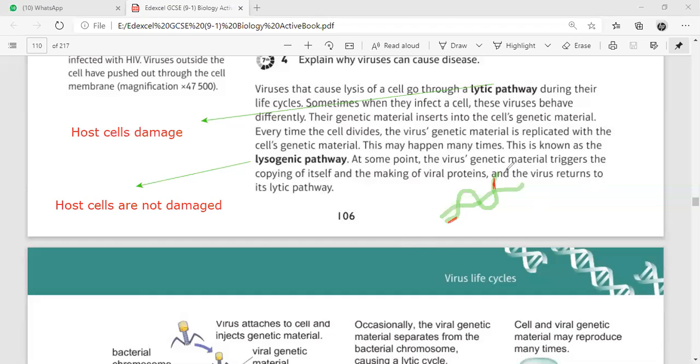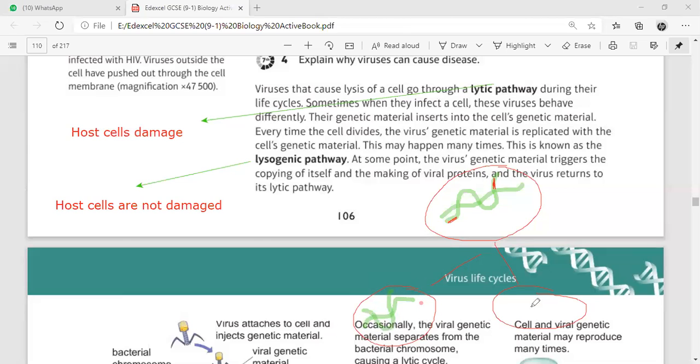It remains hidden. For example, this is the host cell, correct? It will divide into two host cells, two daughter cells. Now this is very interesting. Just imagine, it will be like this.